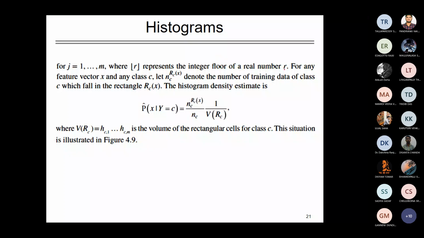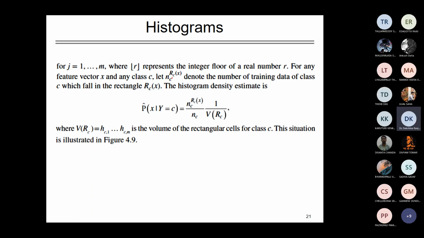Now for any feature vector x and any class C, let us consider N_C^{R_C(x)}, which will denote the number of training data of class C that fall in the rectangle R_C of feature vector x.